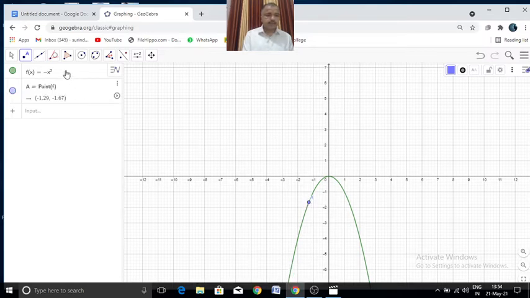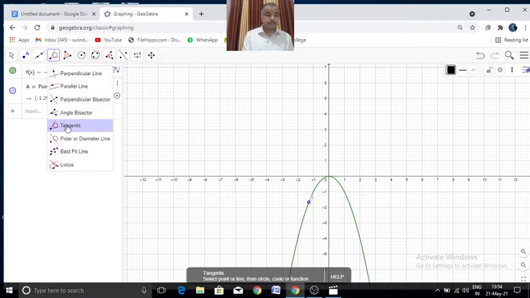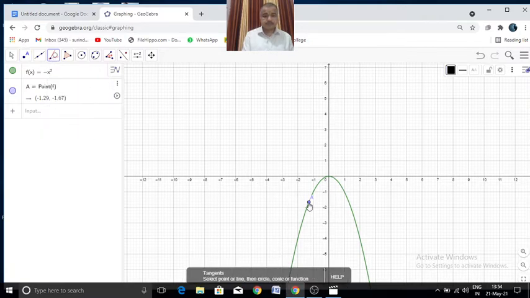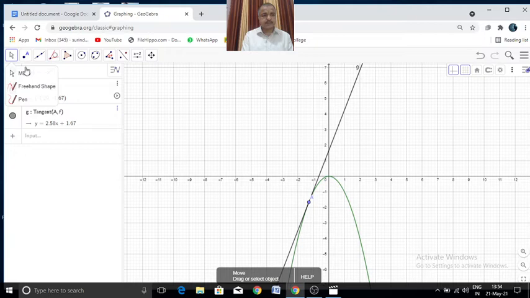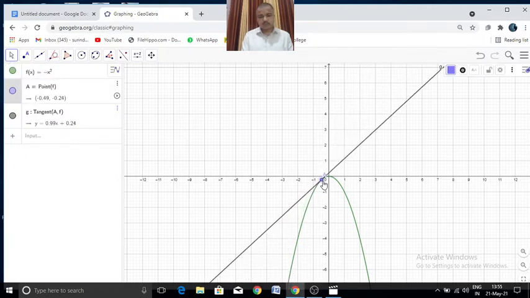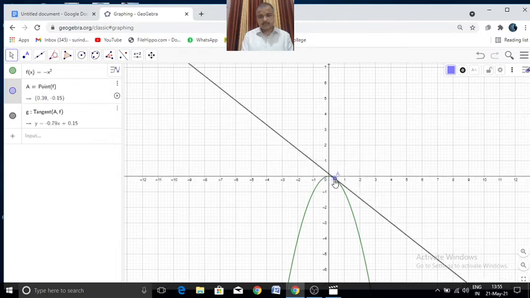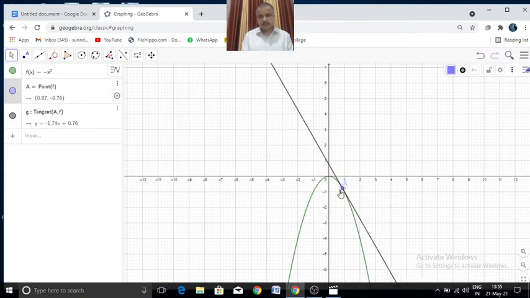We shall draw a tangent at this point. Now look, the branch of the curve is below this tangent. As we move this point along the boundary of the curve, every time the branch always lies below this tangent, so this curve is concave down.